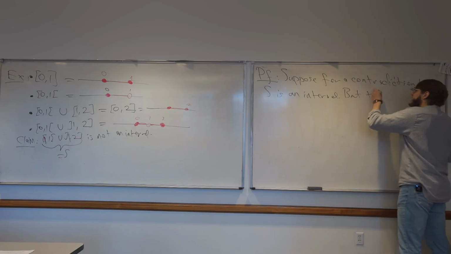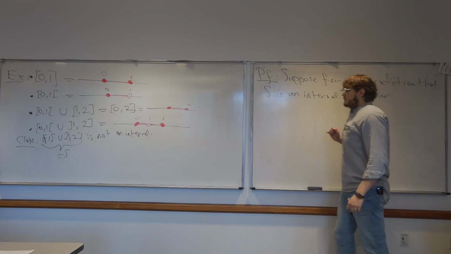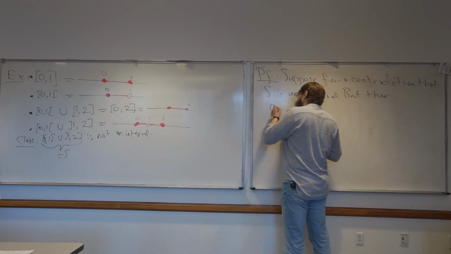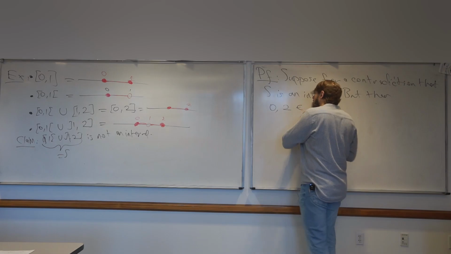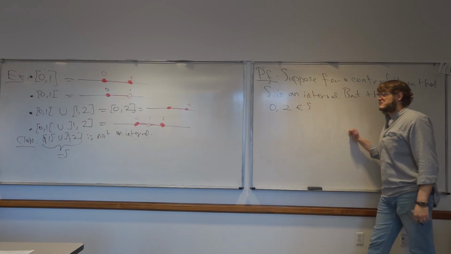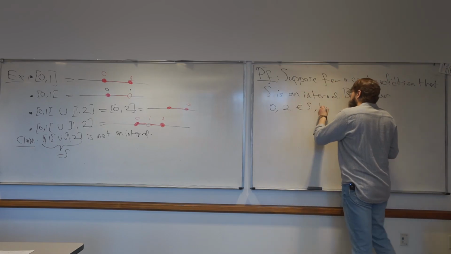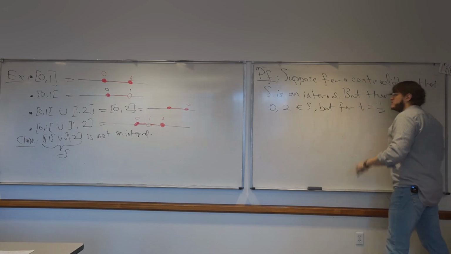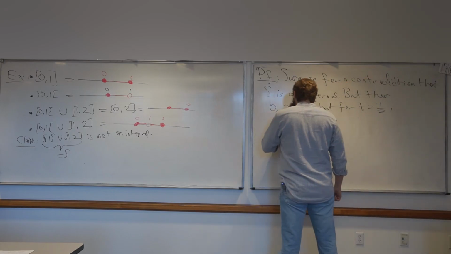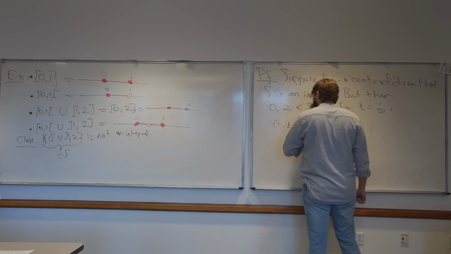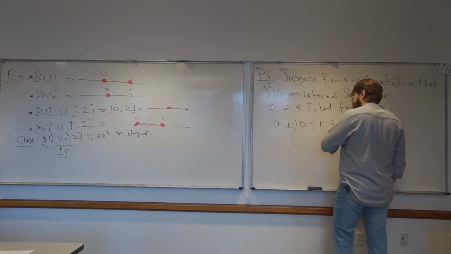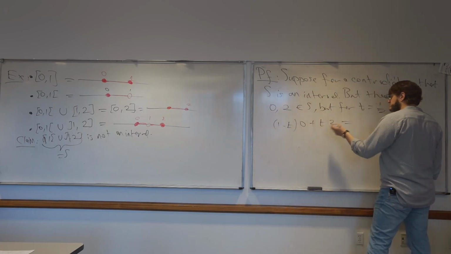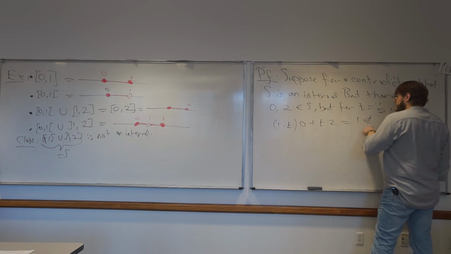One could say, but then 0 and 2 are in S, but for, say, t equals 1/2, (1 minus t) times 0 plus t times 2, which you're going to see is just 1, is not in S.